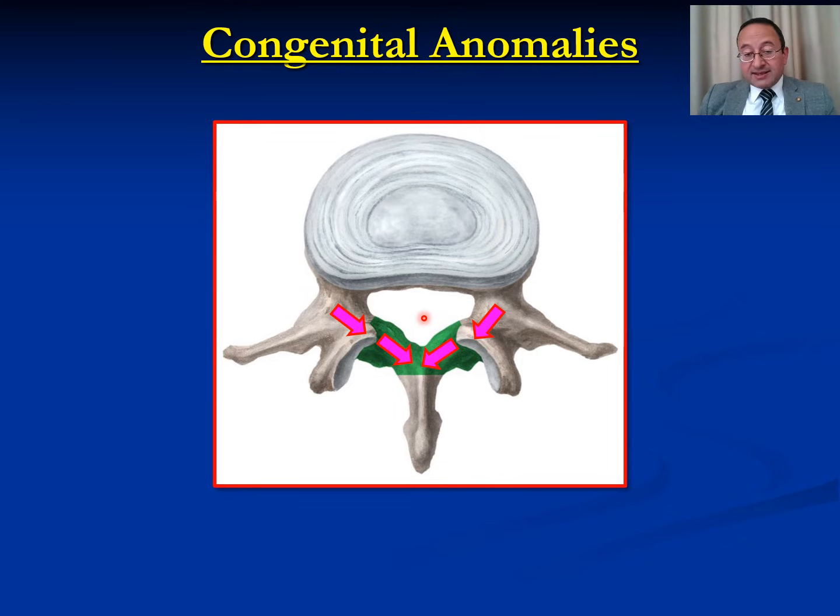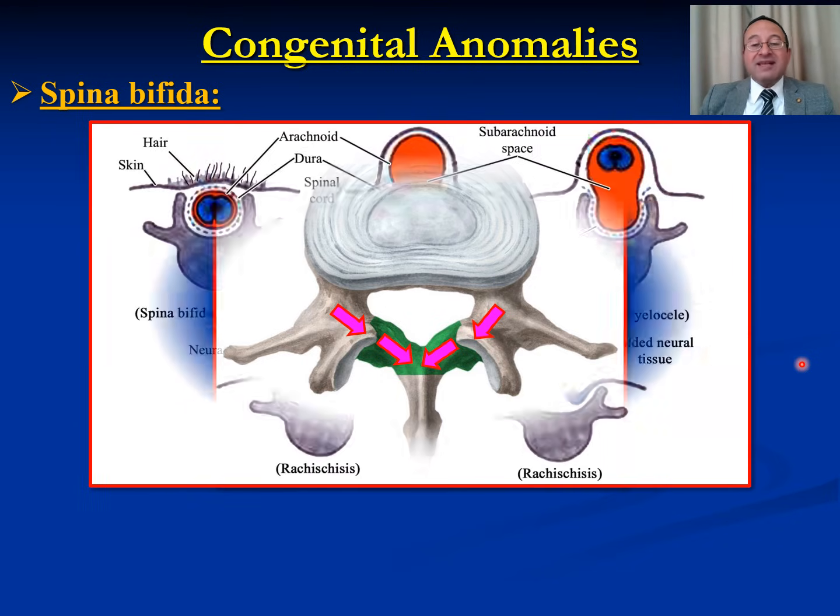What occurs if these processes don't fuse with each other in the midline? If this occurs, this is called spina bifida. And actually, it has a group of varieties.